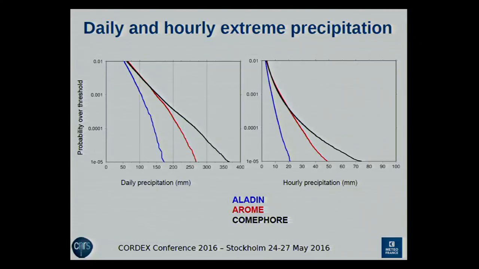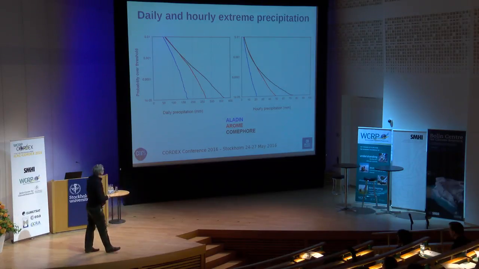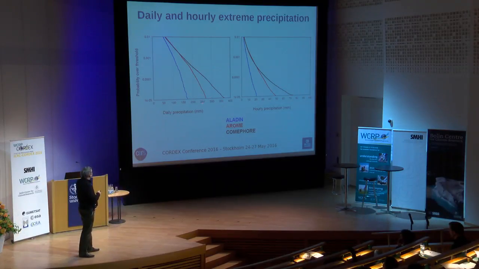The hourly intensity is 50 millimeters here, whereas it's 70 millimeters per hour over the Cevennes, which is a very high value. For daily accumulated, it's the same. We have a similar behavior with about 250 millimeters per day for the probability of 10 to the minus 5.